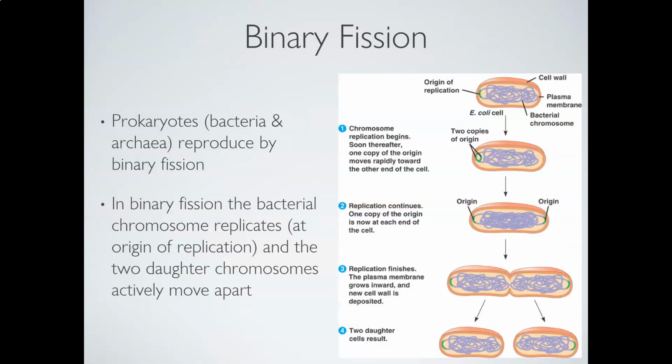Okay, so we've spent all of this time talking about cell division in eukaryotes. Yet, we are not the only cells that also need to divide. Your prokaryotes also need to go through this process as well, but keep in mind they're not going to go through mitosis because mitosis is the division of a nucleus. Prokaryotes don't have that. So their process of cell division is going to look a little bit different.